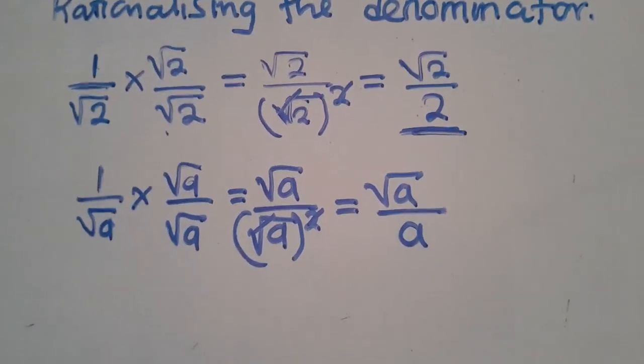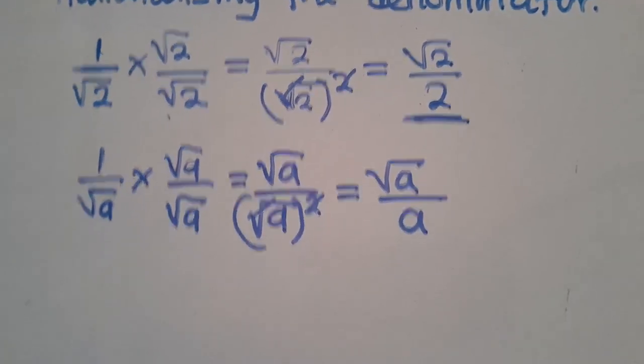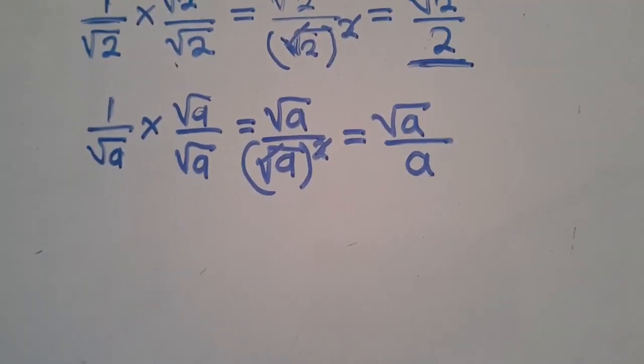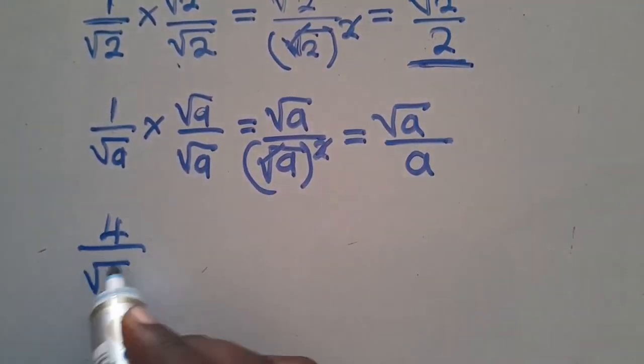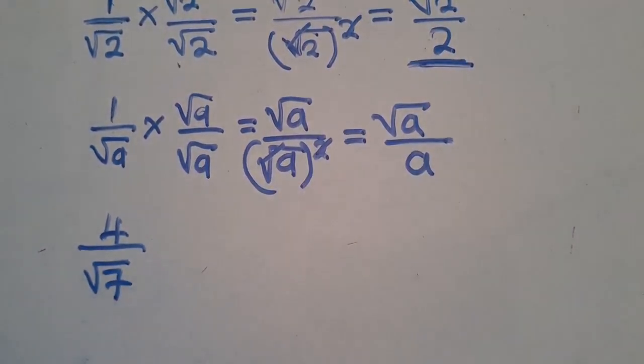So let's say you've got something like this. You are told to rationalize the denominator, where you are given 4 over root 7. How can you go about this?